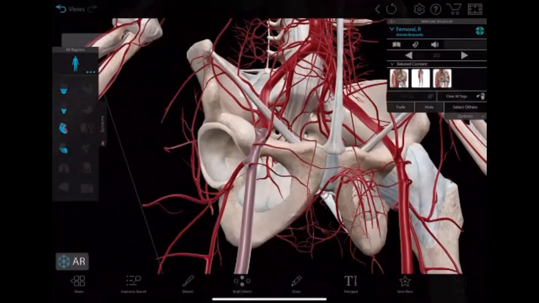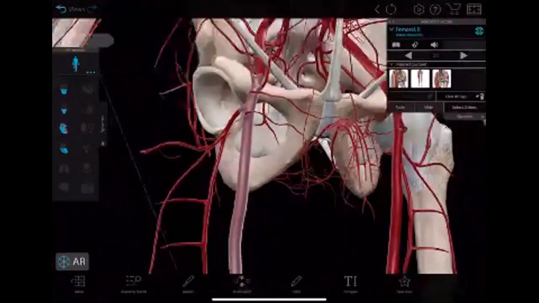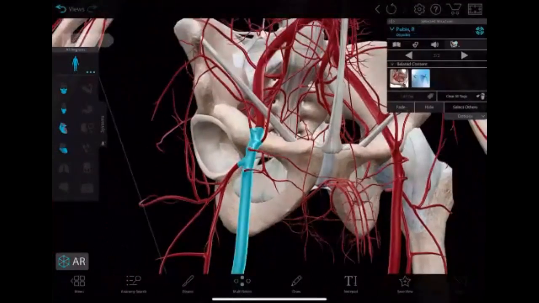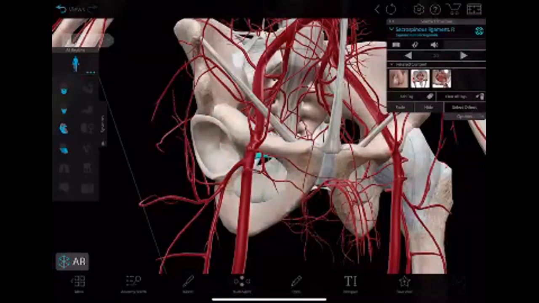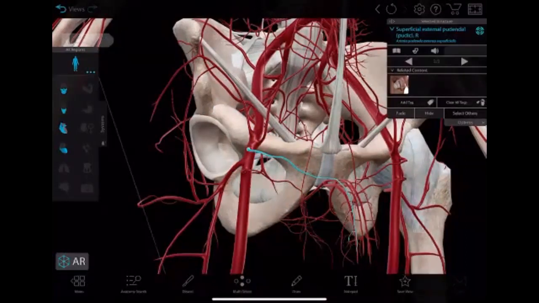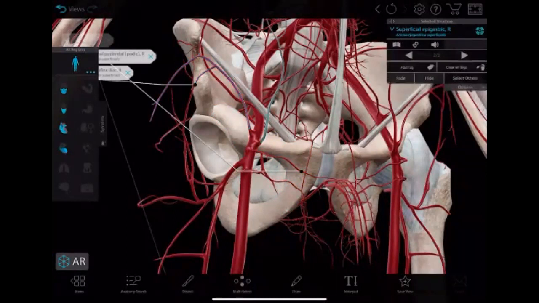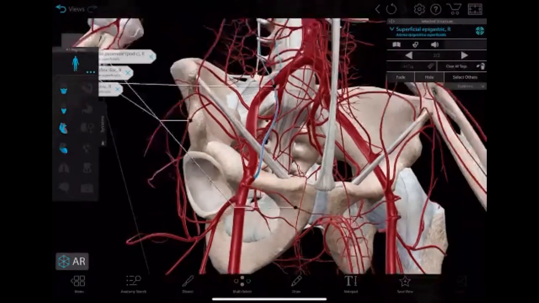Wait for me. I have already put tags, but somehow it is missing. So that one is the superficial external pudendal, right? And this one is the superficial circumflex iliac. This one is the superficial epigastric.